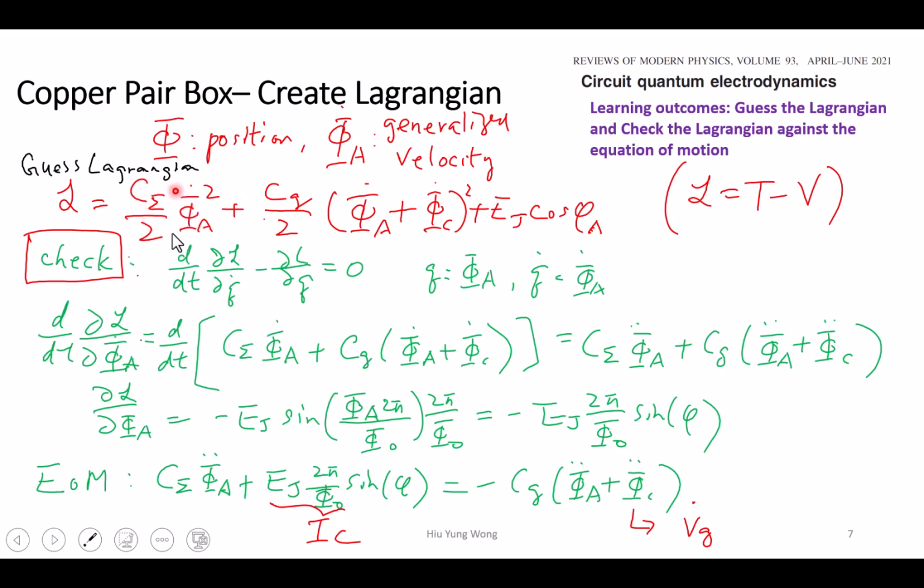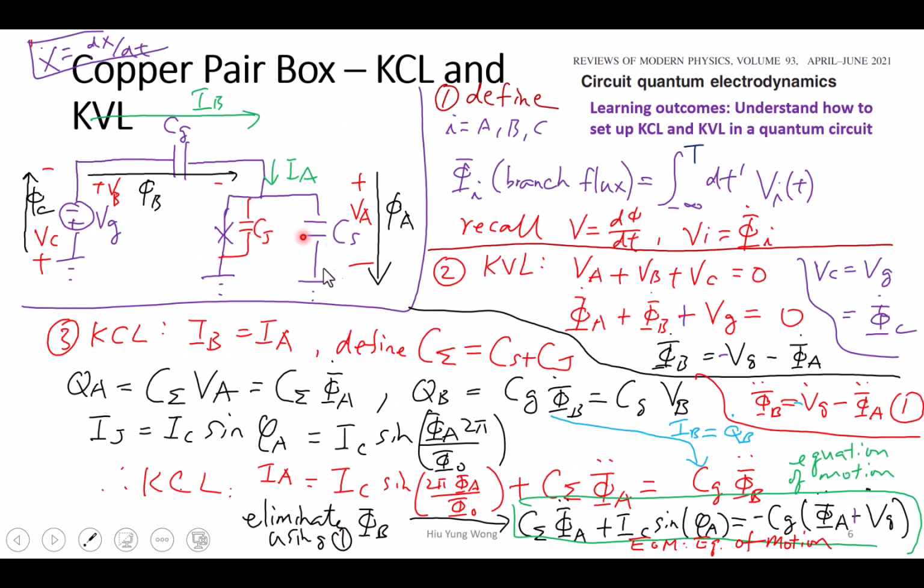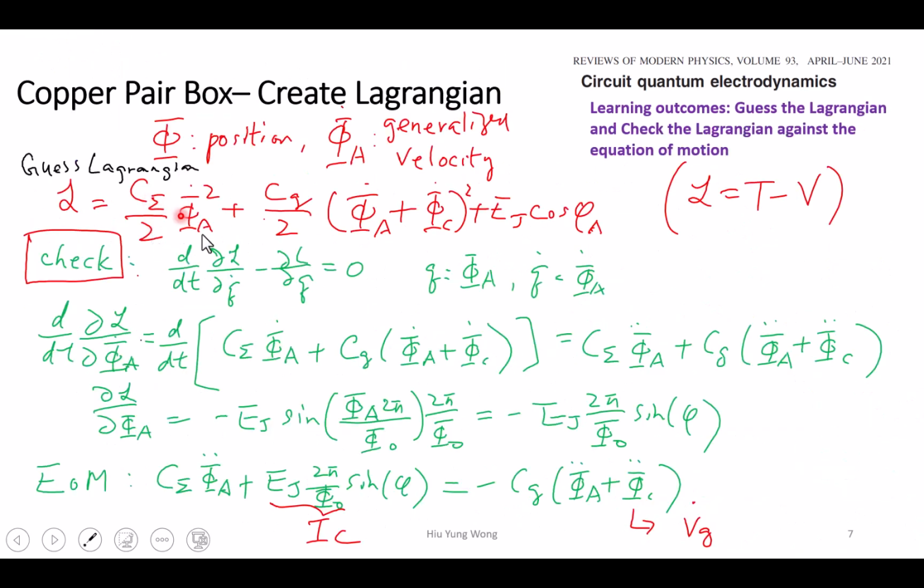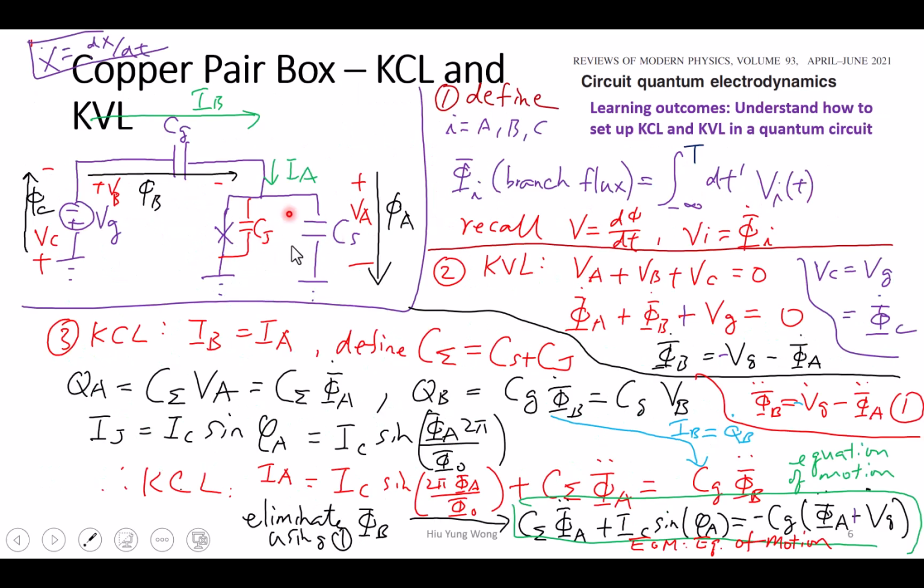This is just half capacitor times Φ dot squared, right? And Φ dot is VA, right? Remember, this is the total capacitance. Φ dot, which is VA, so it is half capacitance times V squared. This is just like half capacitance times V squared, so this is the energy you store in this capacitor, right?